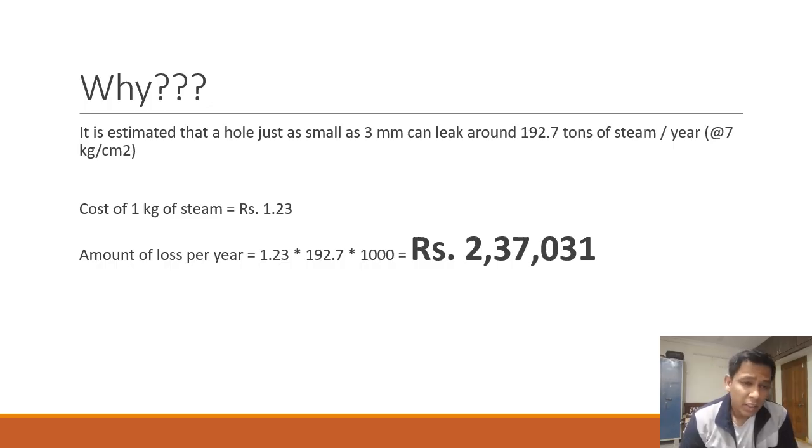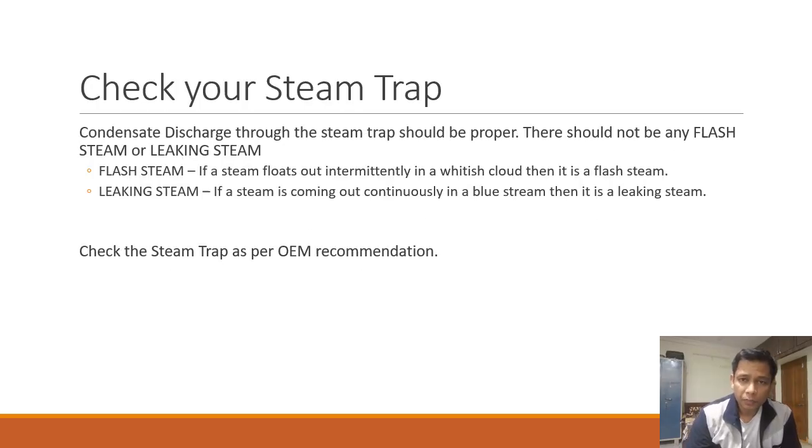So taking the minimum cost of steam production in India, that is 1 rupee 23 paise, it can cost you a whopping 2,37,000. So it is very important to understand the efficient utilization of steam and to prevent steam leakage.